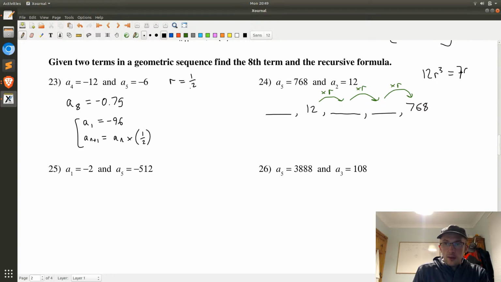So let's do 768 divided by 12. And when we do that, we're going to get, so 12 times 50 is 600. So it's going to be, I think it's just 63. Yes, it's 63.